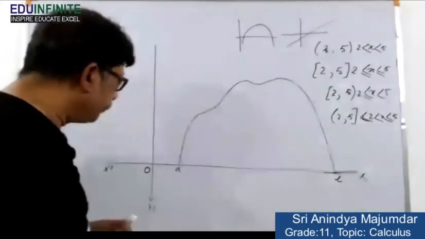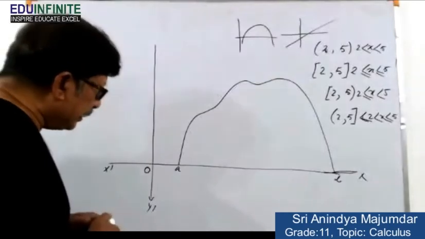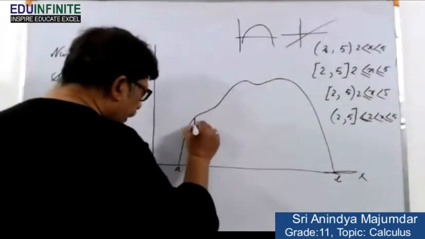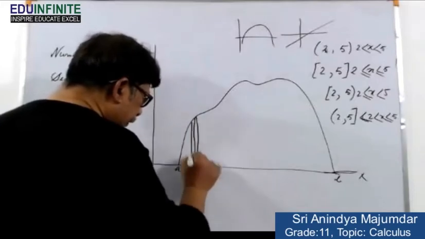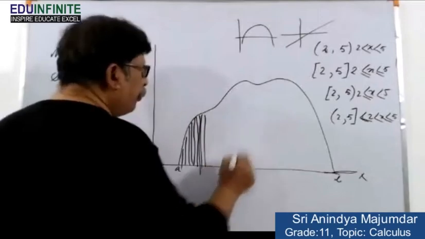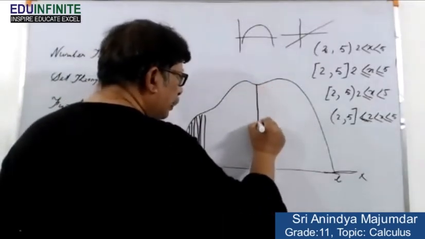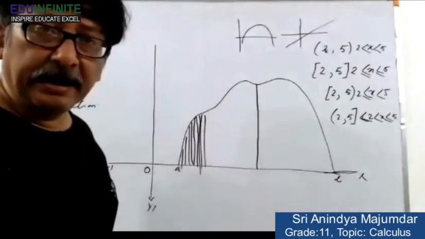So, in calculus, we talk about all those moments. How? Say, if I want to find out the area of this thing, I divide it into infinite number of parts, like this. If we look at a single one, yes, it's like a rectangle.